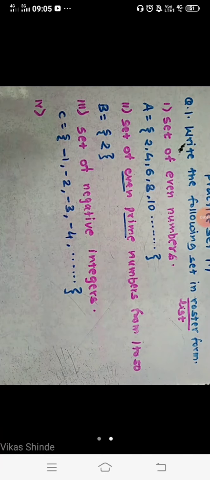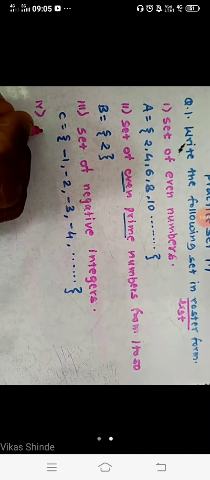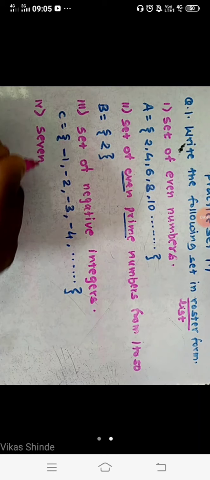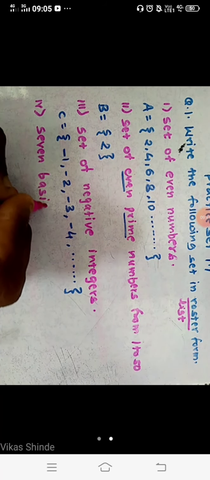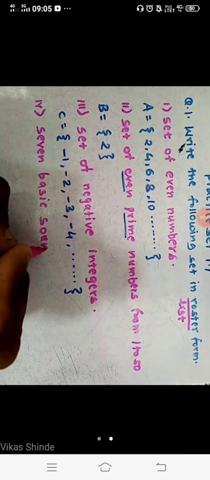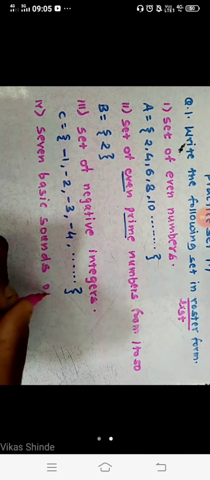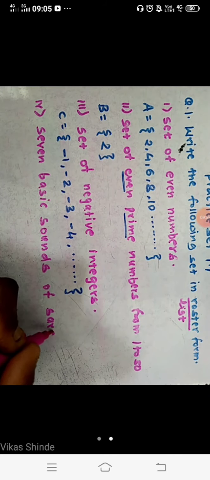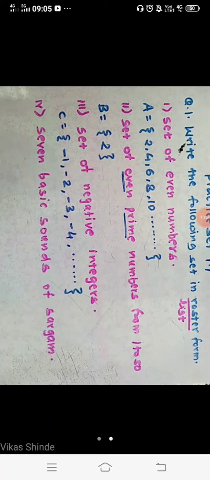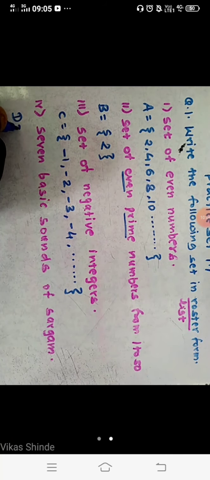Now the fourth one, 7 basic sounds of Sargam. Look here now, 7 basic sounds of Sargam. You know, 7 sounds are there, we call them saptasur in Marathi also, but here Sargam.